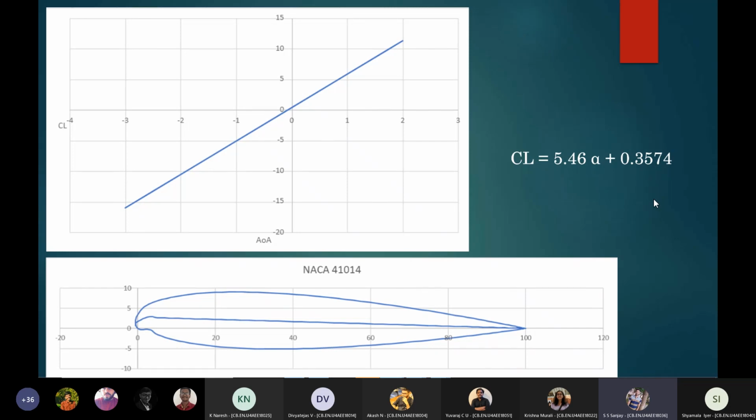You have chosen your taper ratio to be 0.1, right? Yeah. Any particular reason? We did a literature survey and noticed that similar aircraft had a taper ratio of 0.1, 0.12 or so. So we rounded it off and chose it as 0.1.